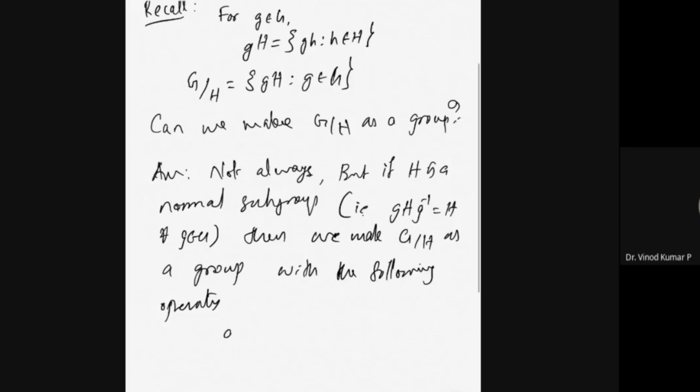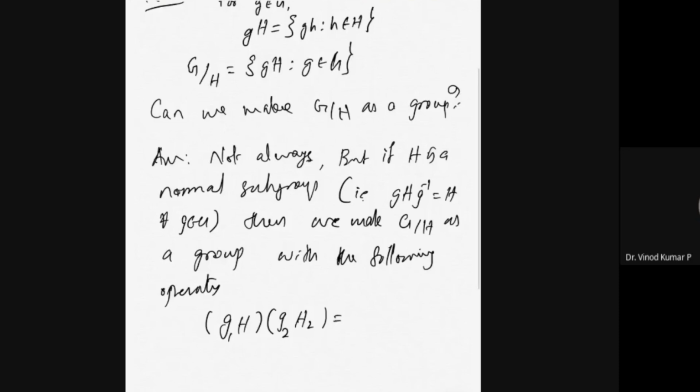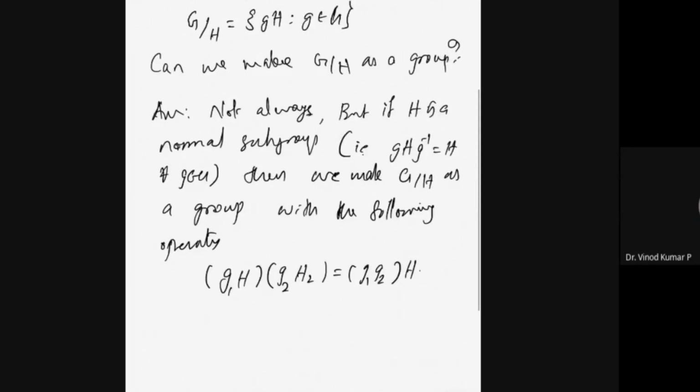So the operation is defined like this: you take two elements g1H and g2H, and the multiplication is defined by g1H times g2H equals g1g2 times H. This is well defined only when H is normal.